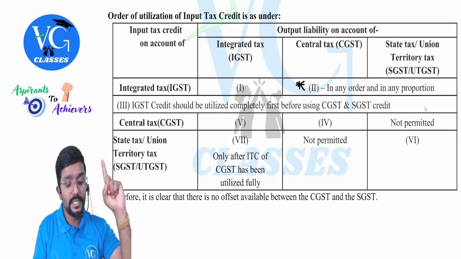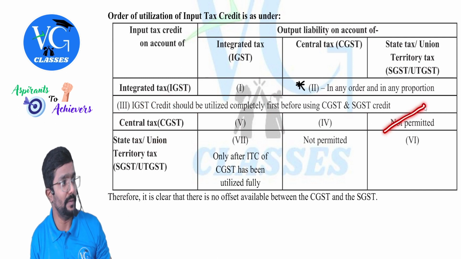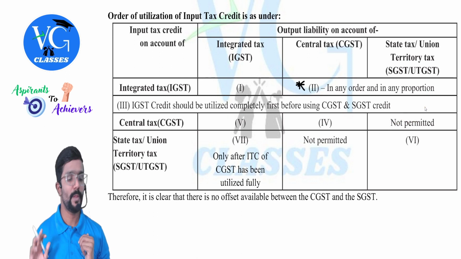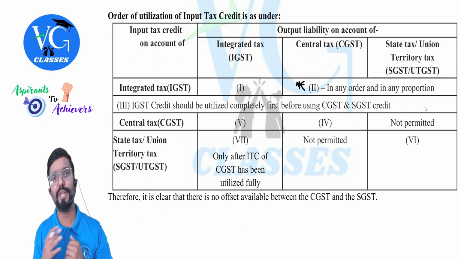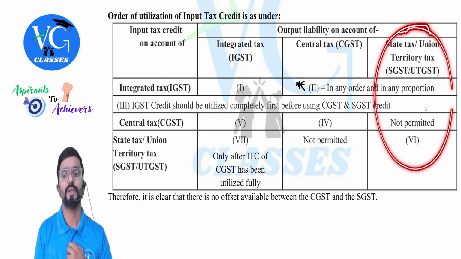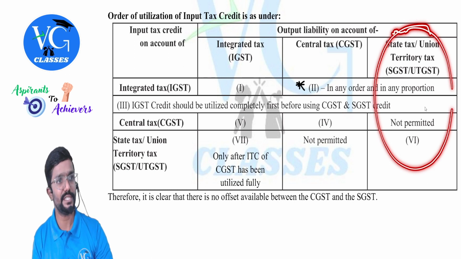And one thing, guys: CGST credit cannot be utilized against SGST liability. Not at all. Even if you have credit, you cannot utilize it. Okay. Next, last one. SGST or UTGST credit will be first used against what, guys? Same nature, that is SGST or UTGST.